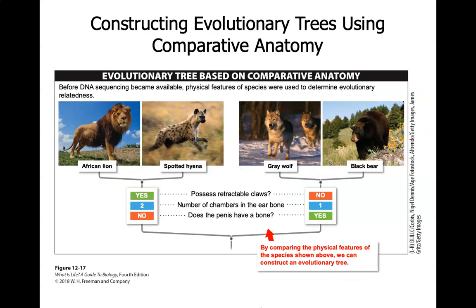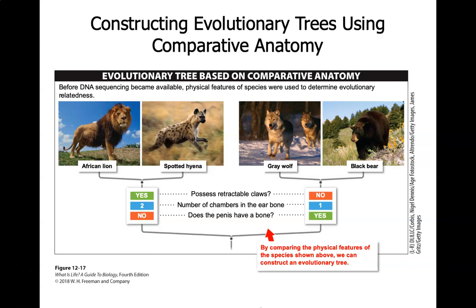So there's a couple of different ways that you can construct evolutionary trees. So you can construct them using anatomy. And the problem with this is that you have to think about which traits are the most important, and you have to do a lot of trial and error before you actually get to the quote-unquote correct phylogenetic tree.